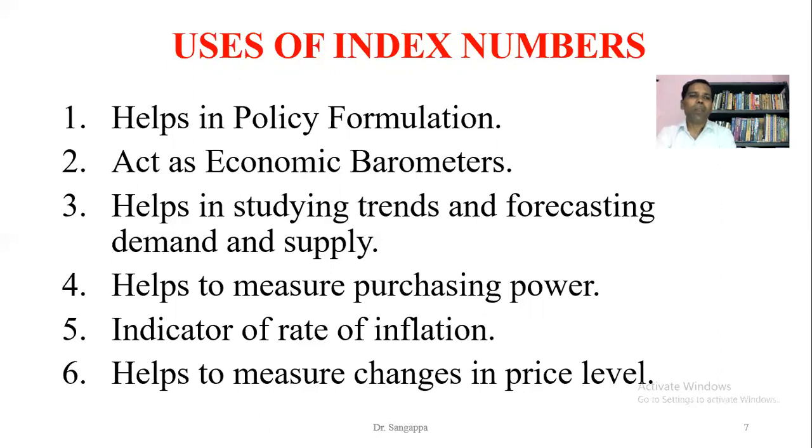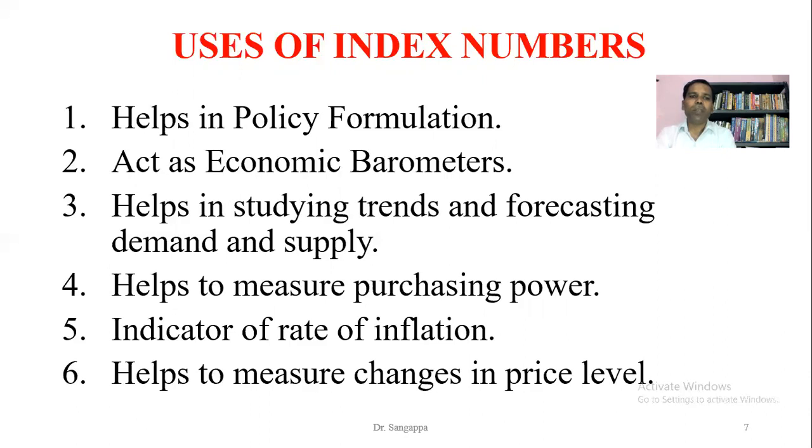And fourth one, helps to measure purchasing power. So when you are going to measure the purchasing power, the index numbers are most helpful to find out the purchasing power of the consumer. And fifth one, indicator of rate of inflation. So index number is an indicator of rate of inflation.